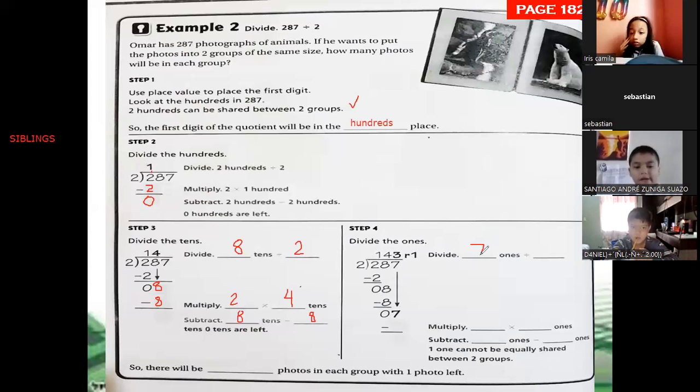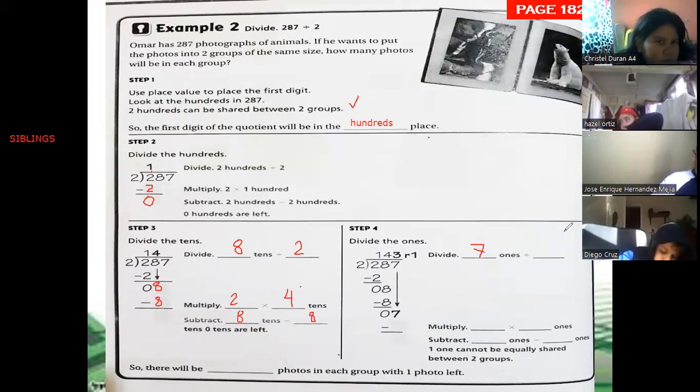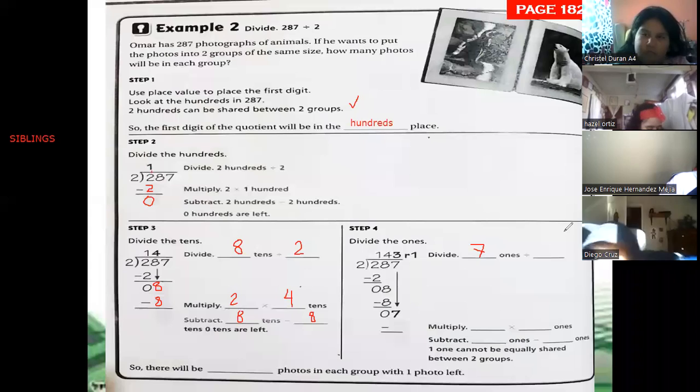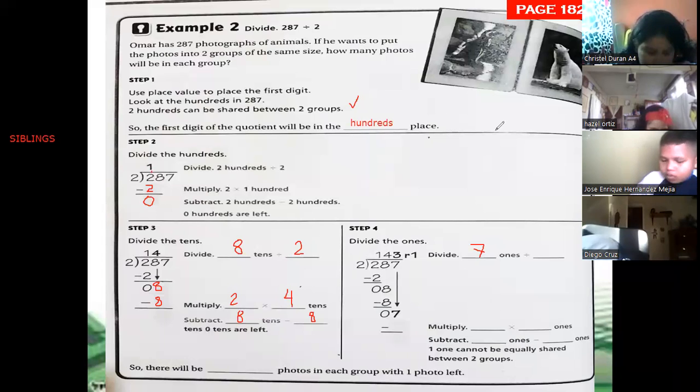We have to divide 7 ones by what? Guys, we are dividing by what number?